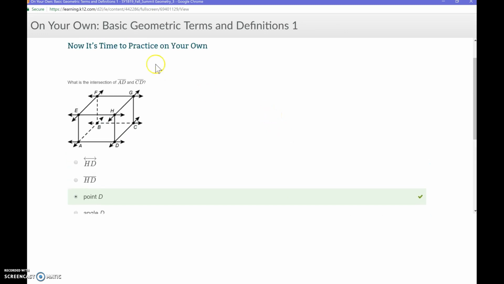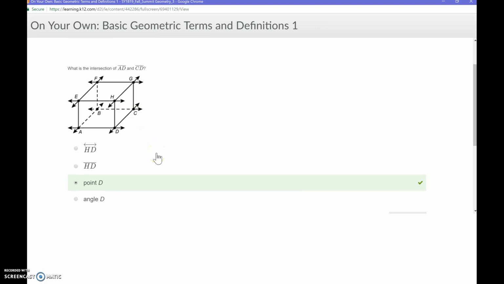Now, this one I've already answered. AD and CD, these lines without arrows are two line segments. So AD is this line segment at the front bottom of the prism, and CD is the line segment on the right bottom of the prism.